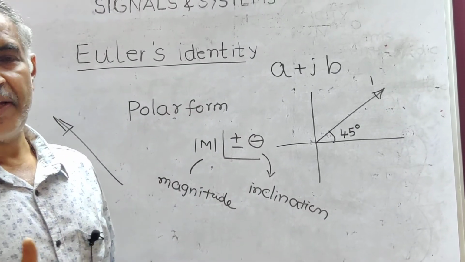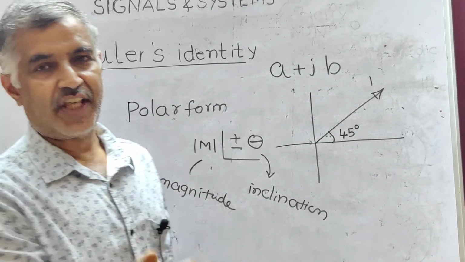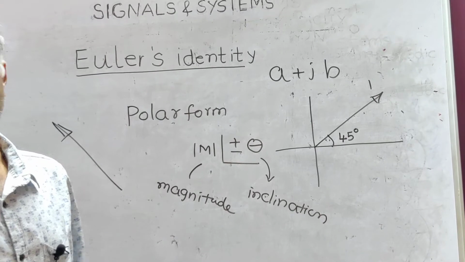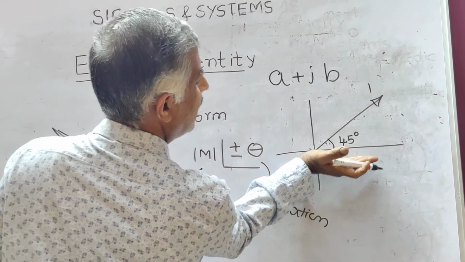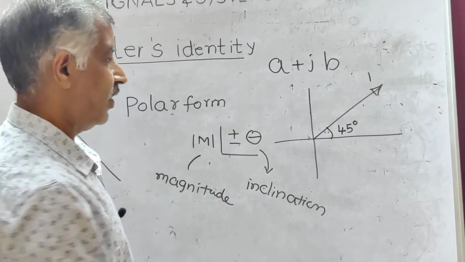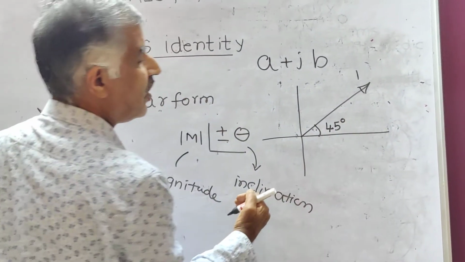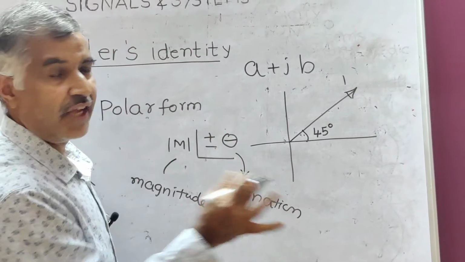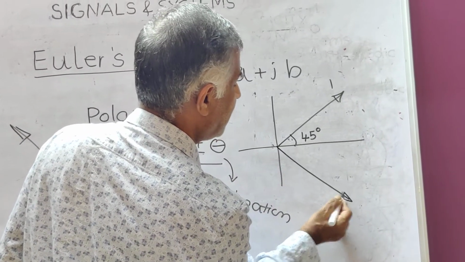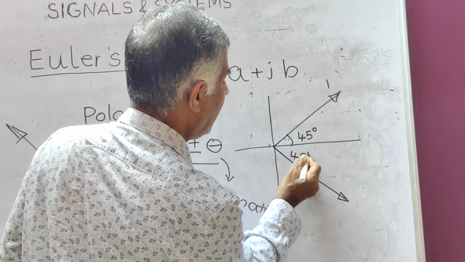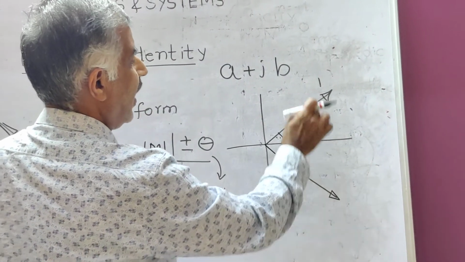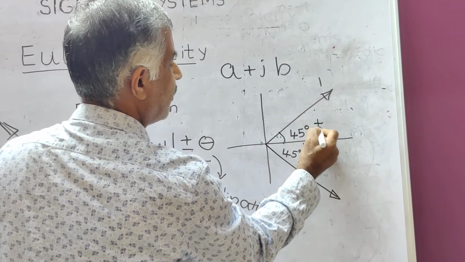If angles are measured in the anti-clockwise direction, angles are taken with plus sign. If you measure angles in this direction, you must take with plus sign. If you measure angle in this direction, you must take with minus sign. For example, same phasor, if it is positioned like this, 45 degrees, then you have to take this angle with minus sign and this angle with positive sign.